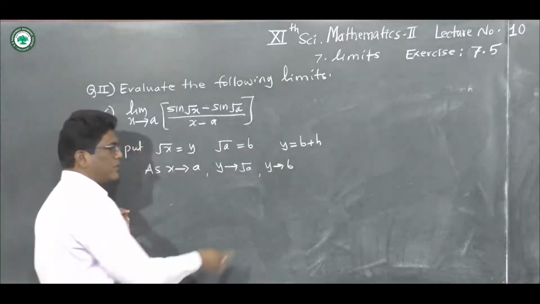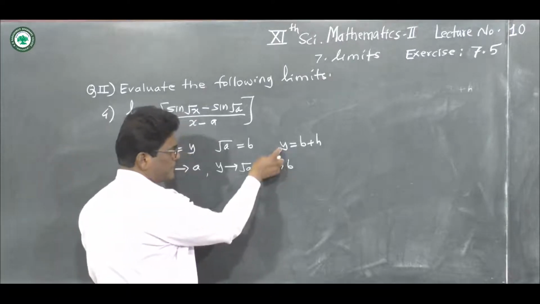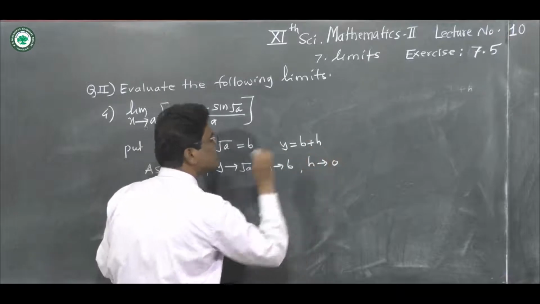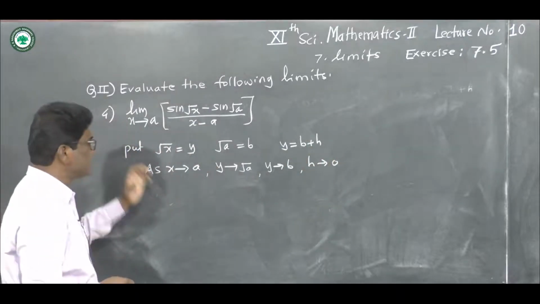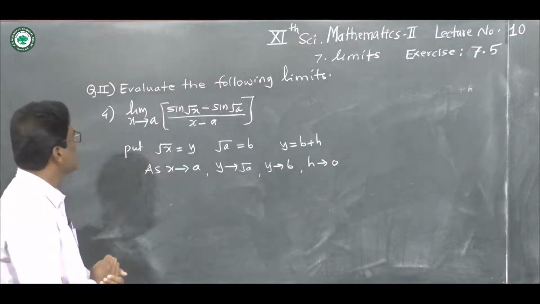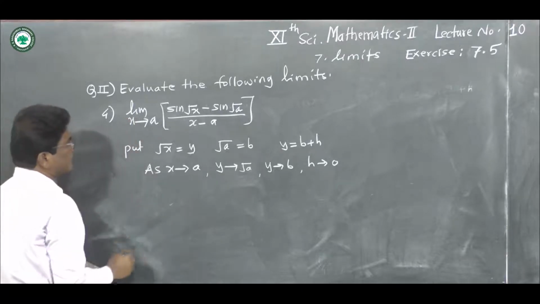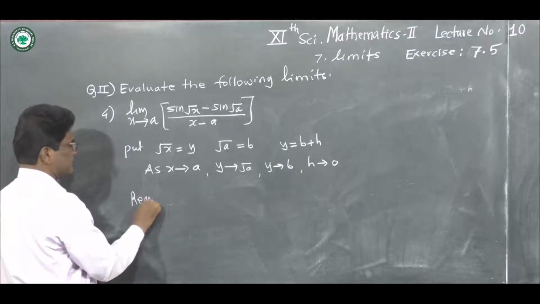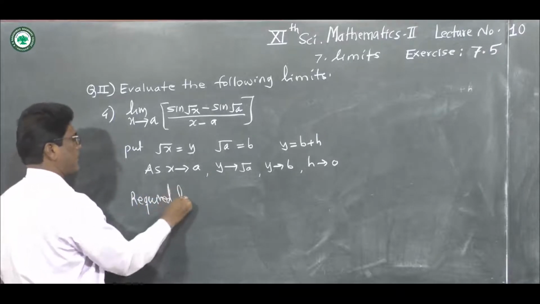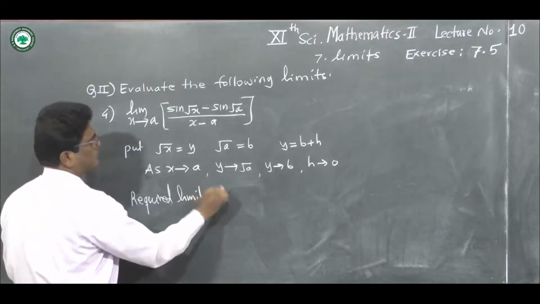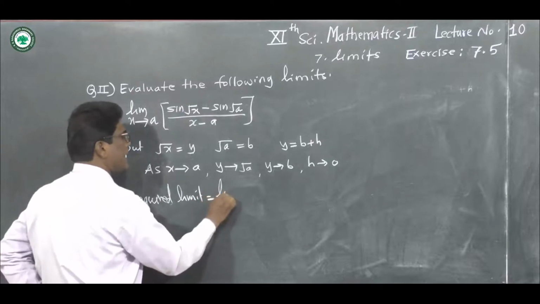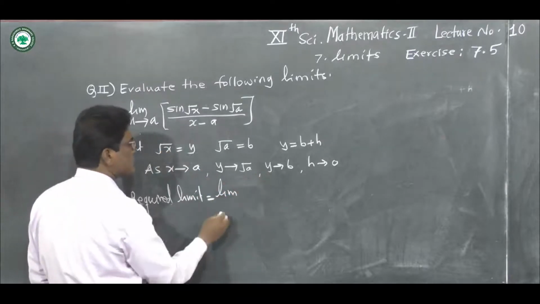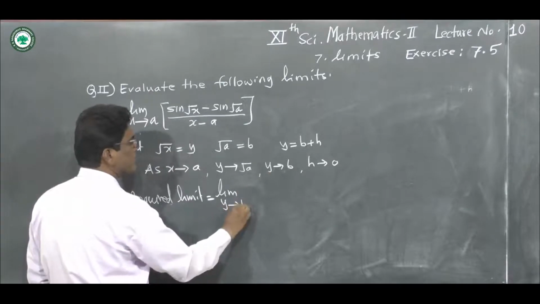Okay, and when y tends to b, we put y as b, b get cancelled, so h tends to 0. So we use this substitution. So this required limit is equal to limit as, firstly we put x tends to a, y tends to b.